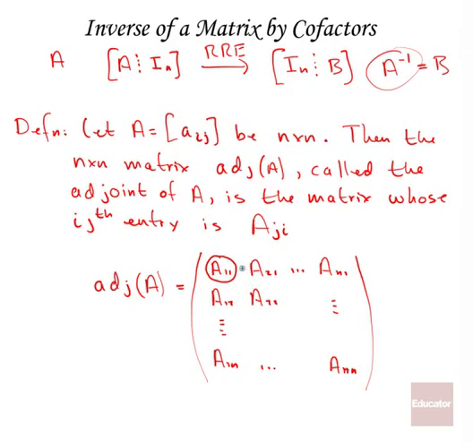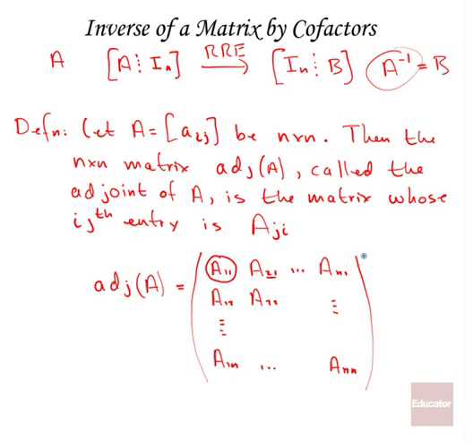But notice that the entry in the first row, second column, is the cofactor from the second row, first column. Everything is transposed, so the order is reversed. When you form the adjoint, you're actually going to reverse the order.